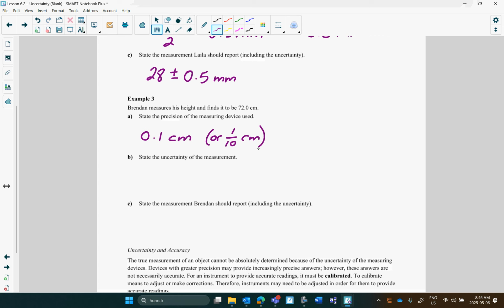So how do I calculate the uncertainty? Well, I take the precision, 0.1, divide by 2, and that gives me 0.05 centimeters. Therefore, the uncertainty is plus or minus 0.05 centimeters.